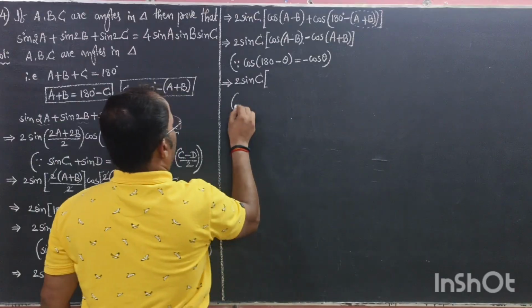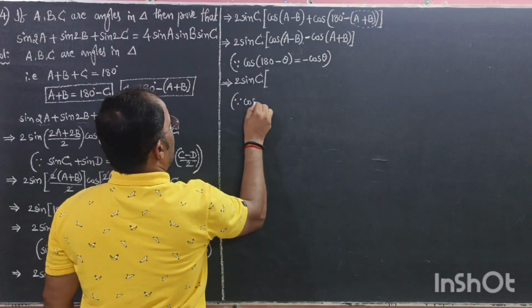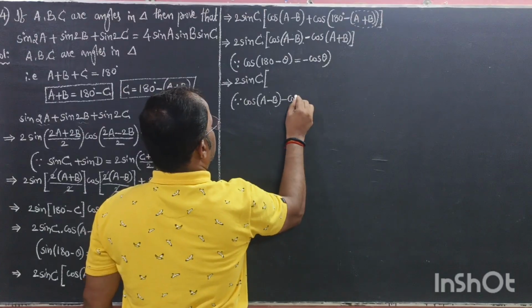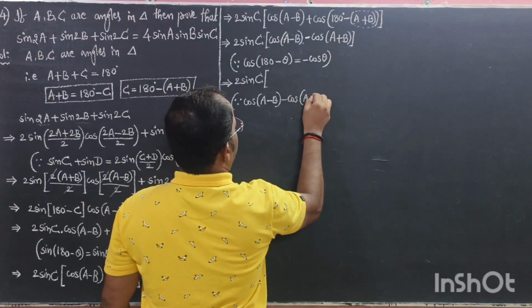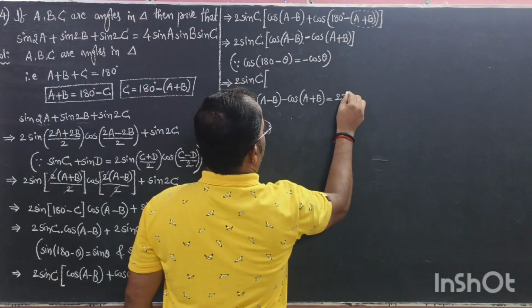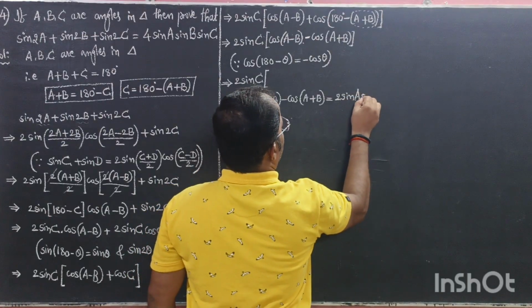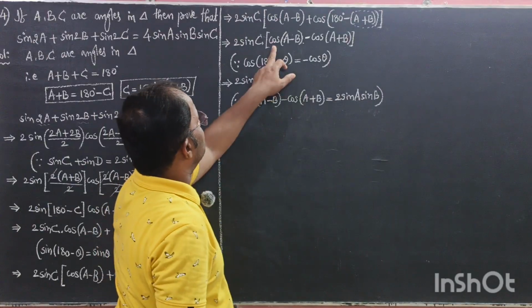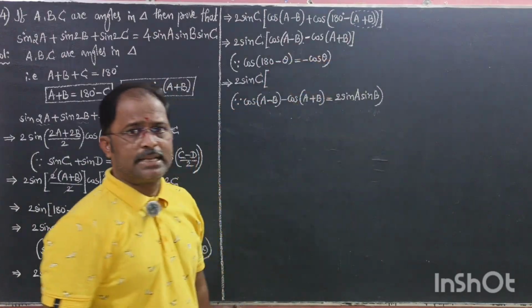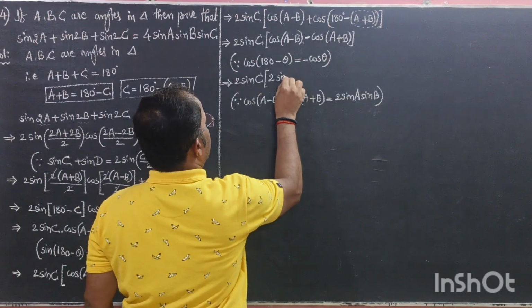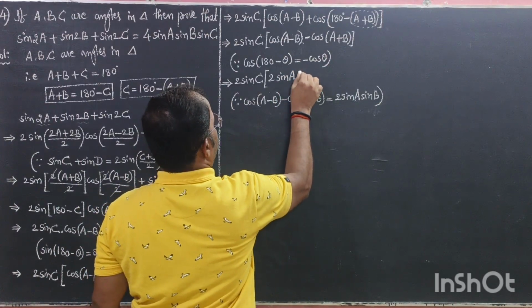And now the 2 sin C outside term as it is again, and next we have the formula: cos of A minus B minus cos of A plus B is 2 sin A sin B. It is a direct formula.